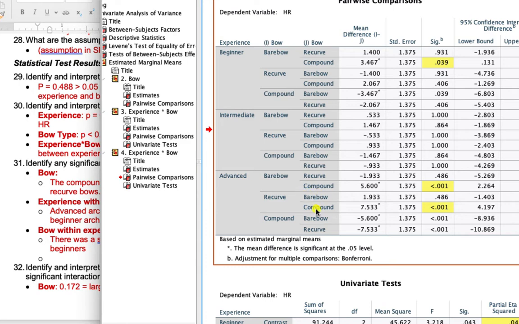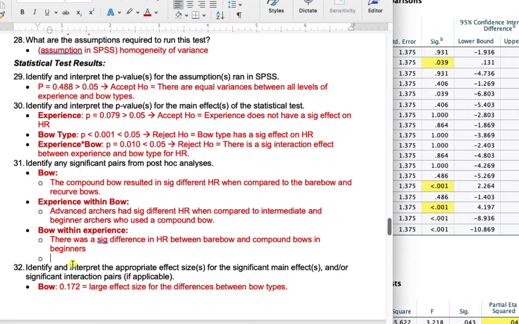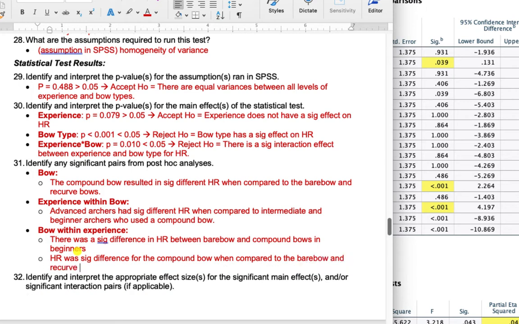We also notice differences between compound and recurve and compound and bare bow types in the advanced learners. So we could write that one as, heart rate was significantly different for the compound bow when compared to the bare bow and recurve bows in advanced archers.